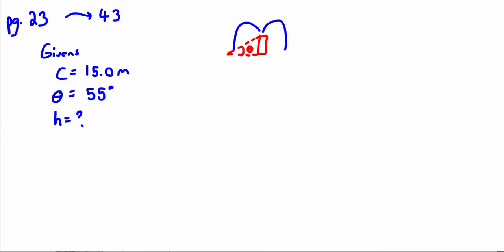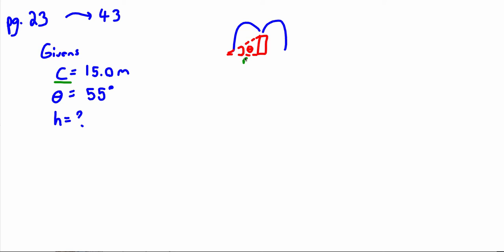So what I'm going to do is use some trig, and if I figure out what formula this is, well, I need to know two bits of data in order to figure out what this height is. So I'm going to say that we need to know this length right here, and we can solve for that because we are given the circumference.